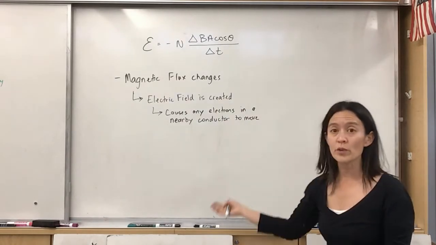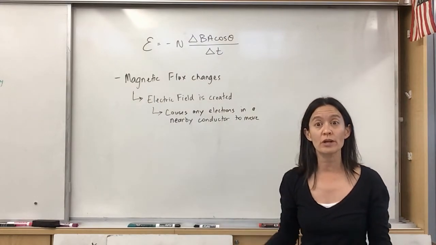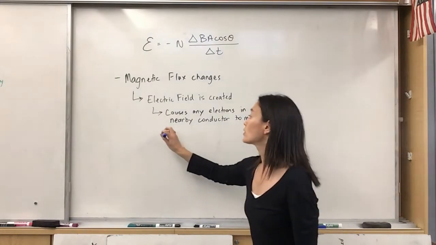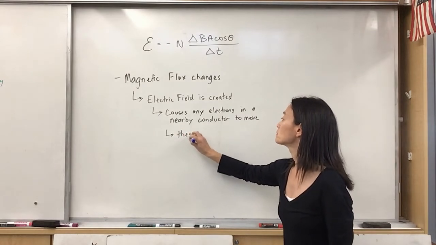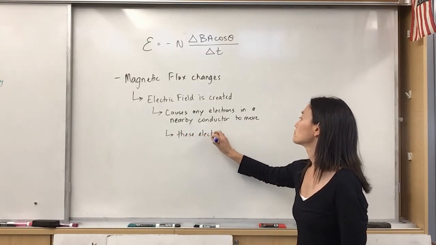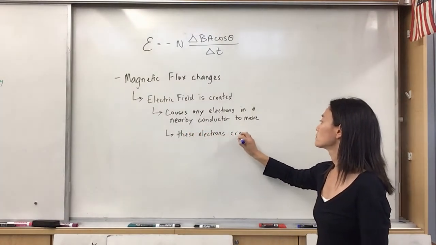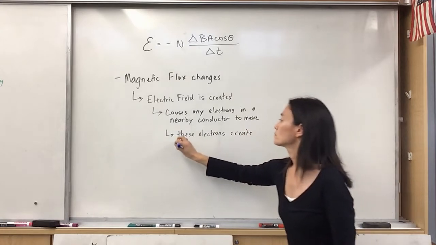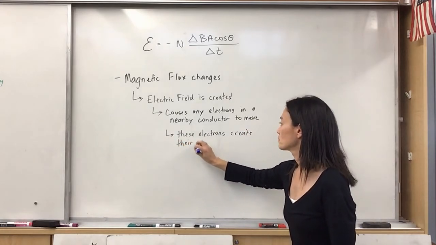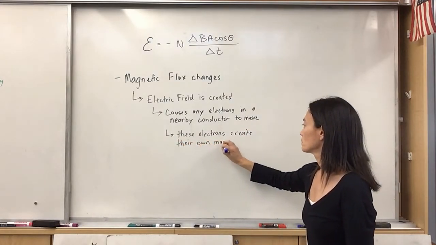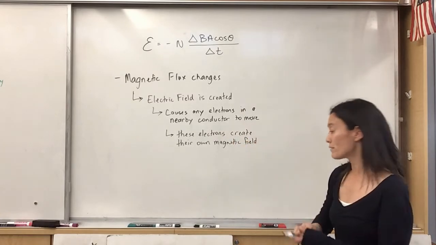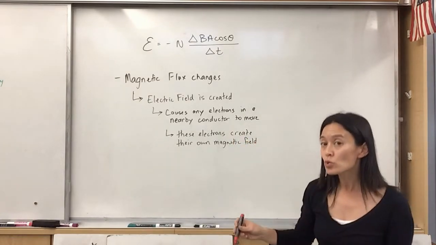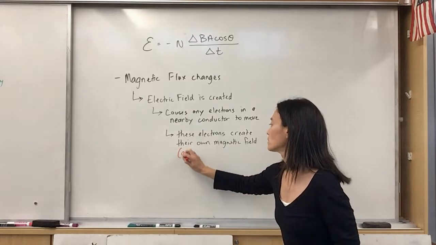And we know that if electrons are moving, electrons are going to create their own magnetic field. So these electrons create their own magnetic field. So in effect, this is an induced magnetic field.